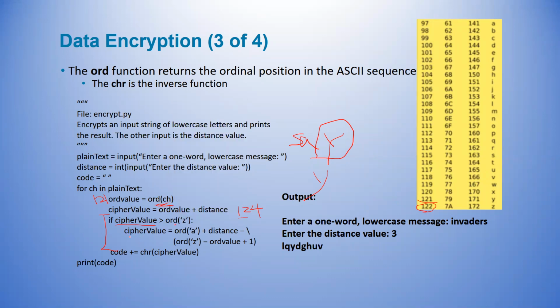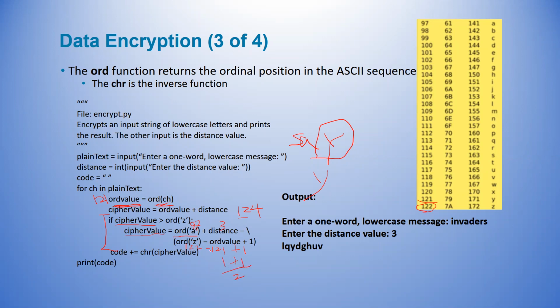So you come into this if statement, and your new cipher value will be this: ord value of a, which is 97, plus distance, which is 3, that gives you 100, minus, and we need to do this, ord value of z, which is 122, minus ord value, and ord value is 121, plus 1. 122 minus 121 is 1. 1 plus 1 is 2, right?